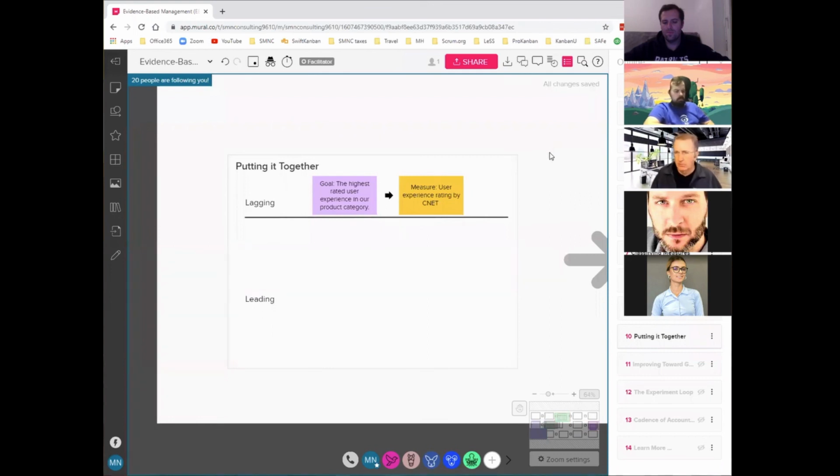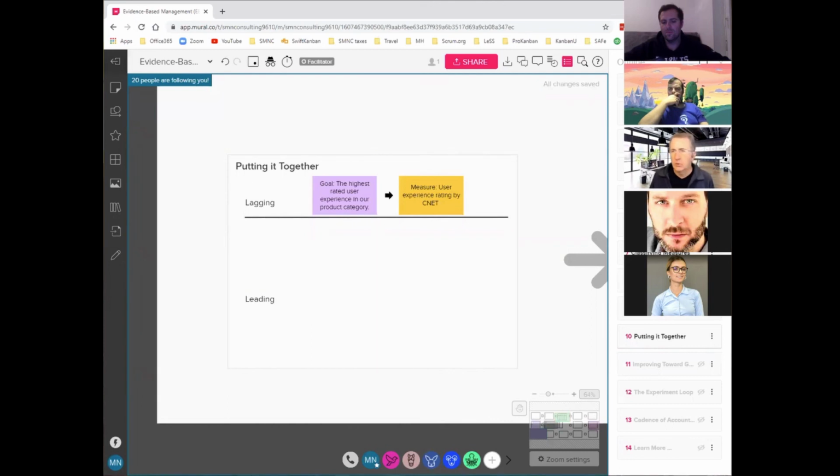Let's imagine that we had a goal, and our goal is to be the highest rated user experience for our product category. It's a little generic because whatever your product is, but you can imagine. And in our particular product category, let's imagine that CNET, you're maybe familiar with CNET, that's an independent organization that reviews products and rates products, mostly soft products, products on the internet, things like that.